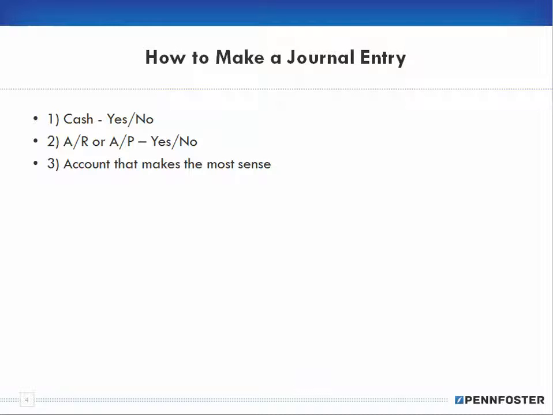I presented this method that I use by asking myself the question, does this transaction affect cash? The reason why I do that is because we use that general ledger account the most. So I ask that question first, and if my cash increases, I debit cash because it's an asset.